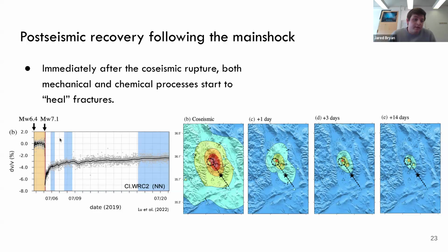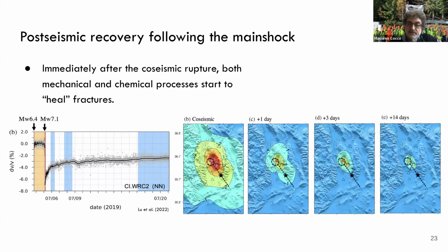But this is driven by both mechanical processes like recompaction as well as chemical processes like mineralization of these newly opened fractures. And you can see that as you step through in time, this zone of seismic velocity perturbation shrinks and shrinks until, 14 days later, almost the entire Ridgecrest area has completely healed this velocity change. So it's super quick velocity recovery in this case.